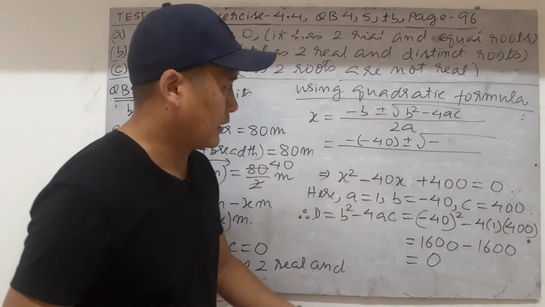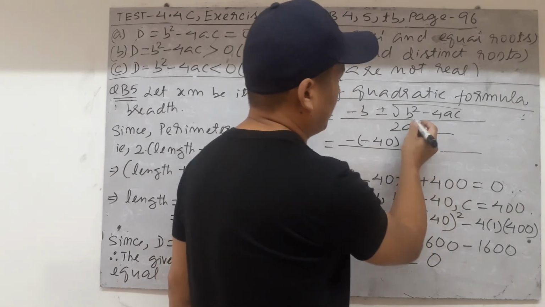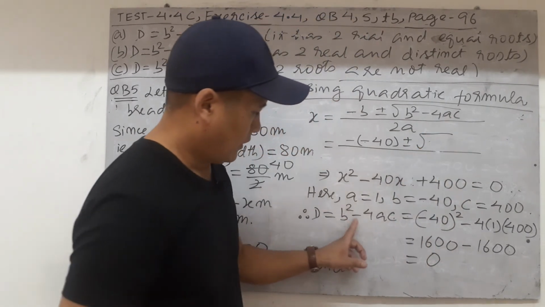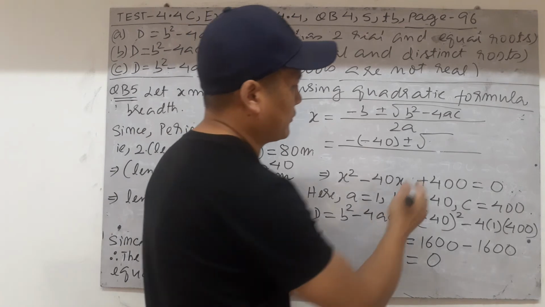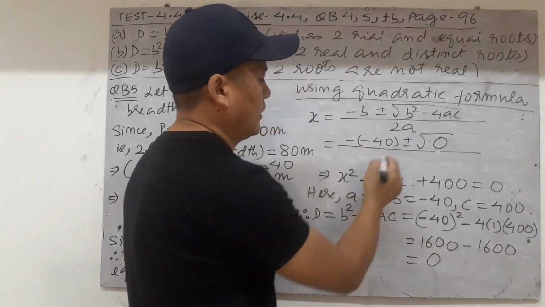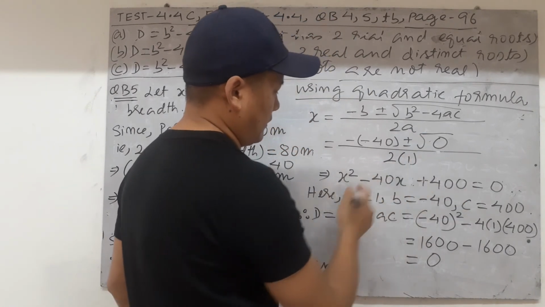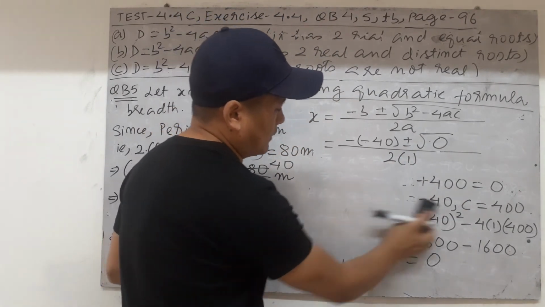Now instead of calculating again, I think we can make use of this. See here, b squared minus 4ac already calculated and found 0, so put there 0. And 2 into a, so a is here 1.